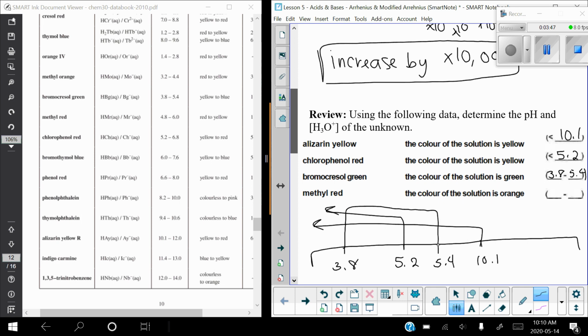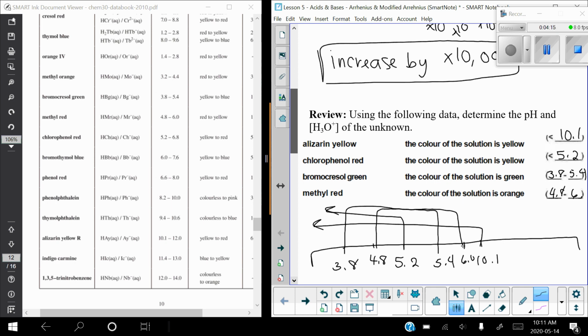And the last one is methyl red. The solution turned orange. So we find methyl red, and it's orange. So it's in between 4.8 and 6. So 4.8 is going to be about here, and 6 so there, and we connect the two.